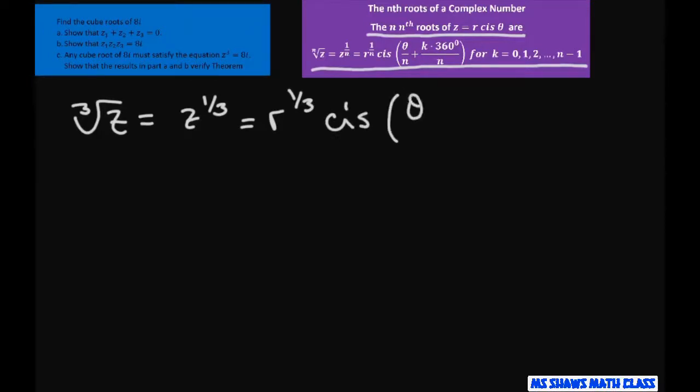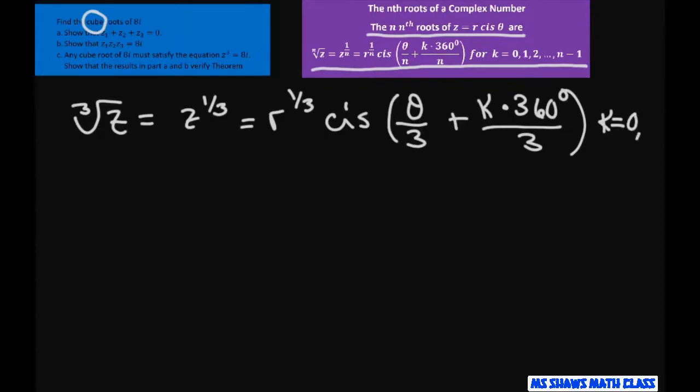If we have what we had before, we can write this as the cube root of c equals c to the 1/3, which equals r to the 1/3 cis of theta divided by 3, because we're looking at cube, plus we want to do our rotation, k times 360 degrees divided by 3, for k equals 0, 1, and 2.